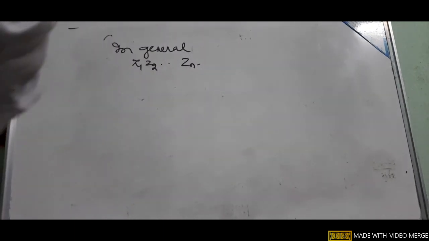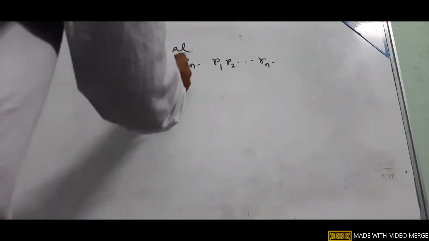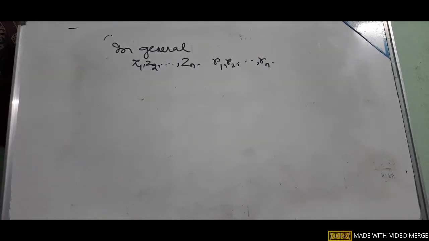Now in general we can write z1, z2 up to zn, n complex numbers, and their moduli are r1, r2 up to rn, and their arguments are theta 1, theta 2 up to theta n.